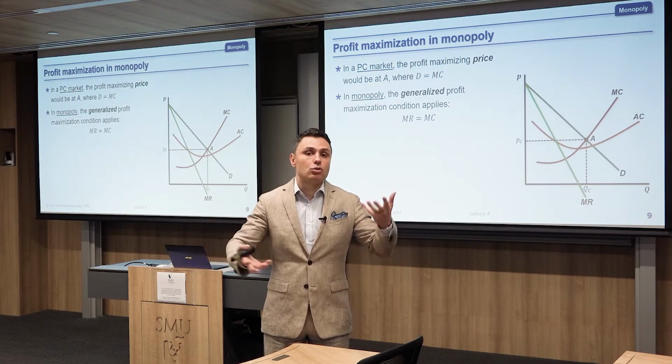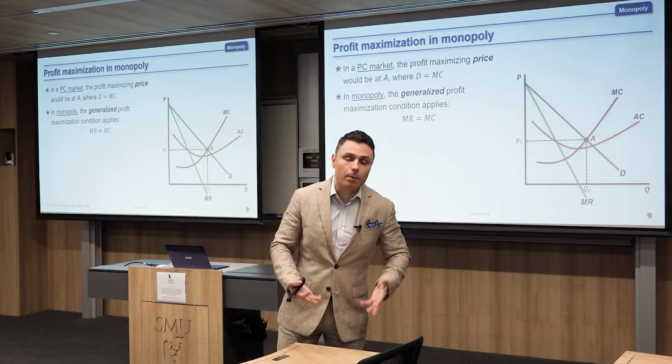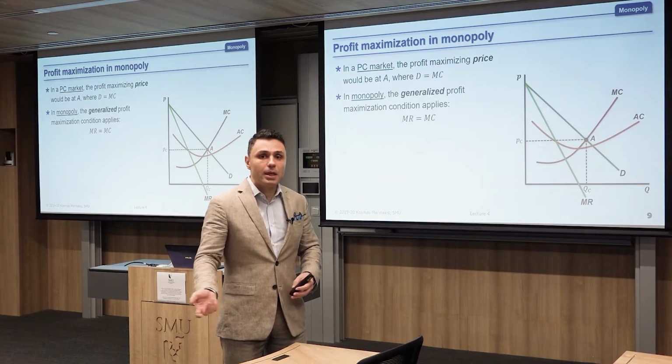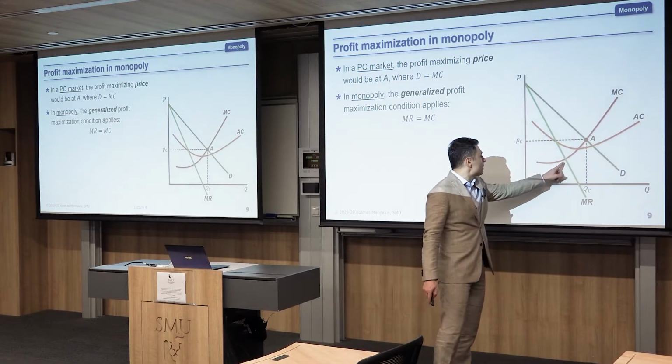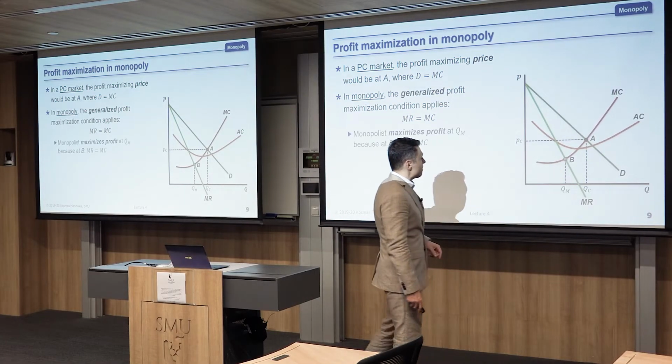And therefore, these two have to be equal in order to maximize the profit. If you do not remember that, revisit lecture 3 in order to get this part of the lecture correctly. So, marginal revenue equals marginal cost will be that point right here at B.